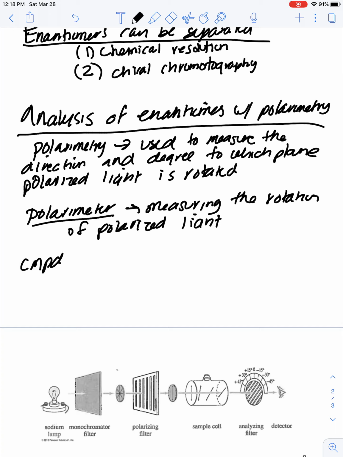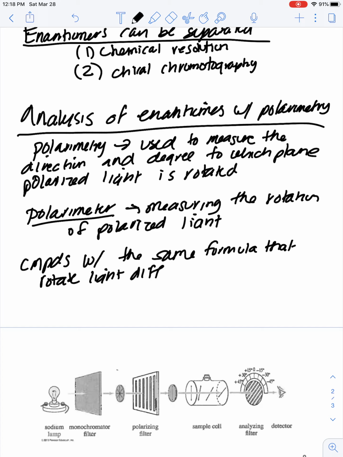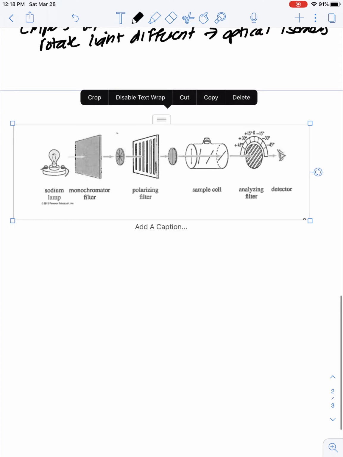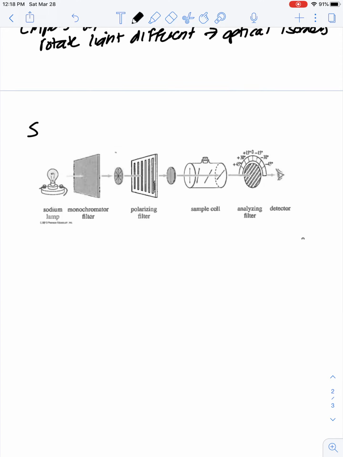Compounds with the same formula that rotate light differently are going to be called optical isomers. This figure right here is a scheme of a polarimeter.